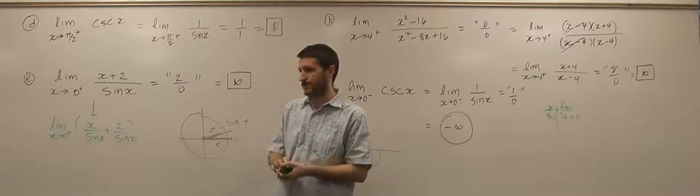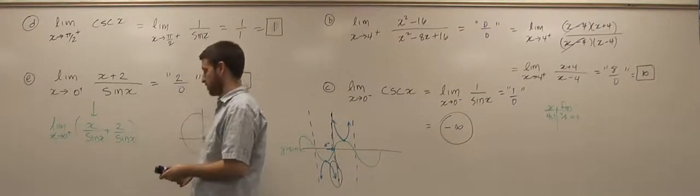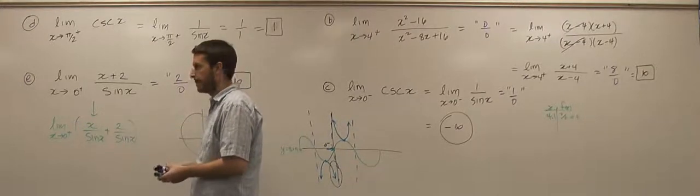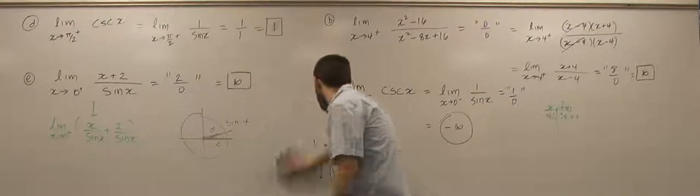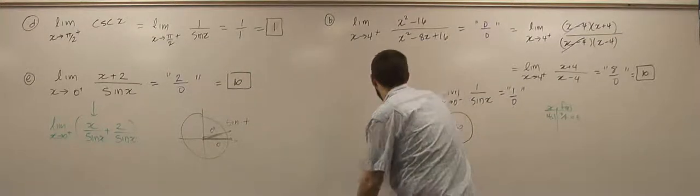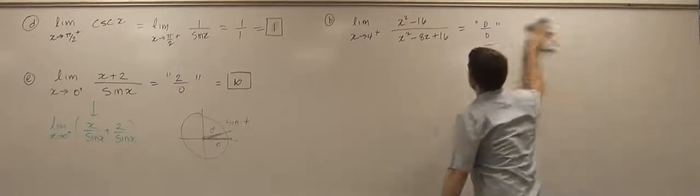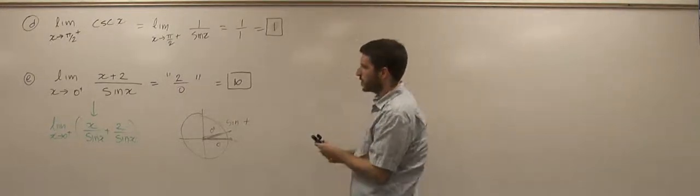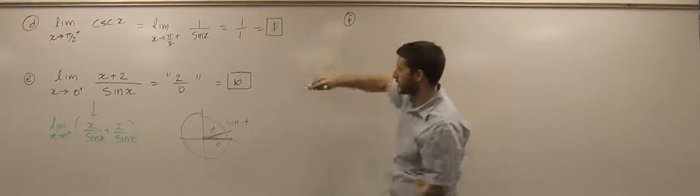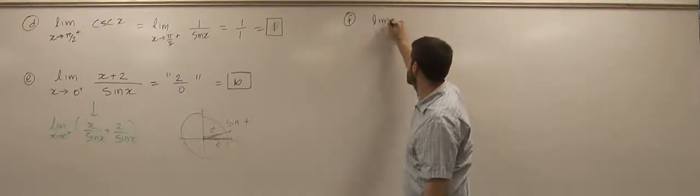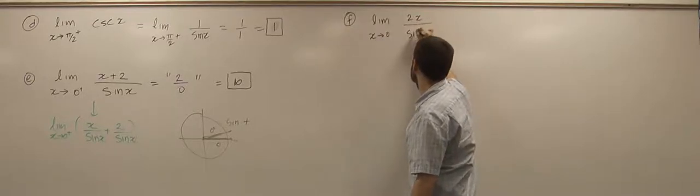And then if it was a 2x, it would be 1/2. Instead of x plus 2, right here, it's 2x. Yes, I understand. So remember, if I give you something like this, it isn't technically an infinite limit, but let's think about it here. x goes to 0 of 2x over sine x.